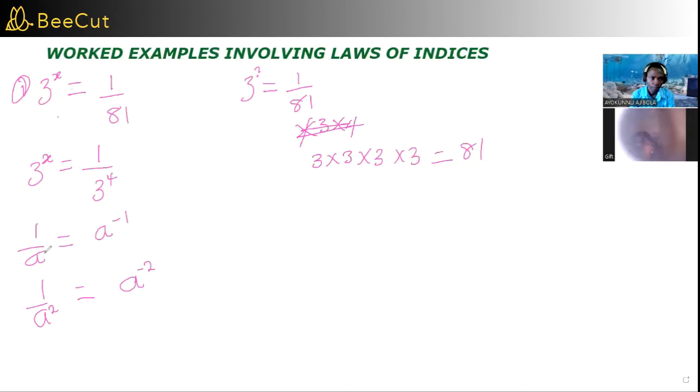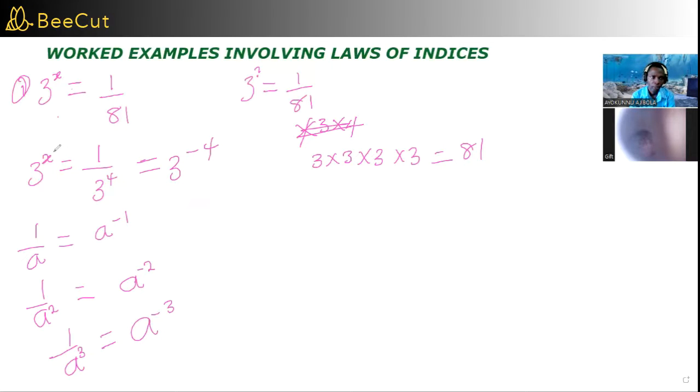If it's 1 over a, that is a raised to power 1 under, because you don't have to put the 1. So 1 over a simply means a raised to power -1. Then 1 over a squared simply means a raised to power -2. Also 1 over a cubed will mean a raised to power -3. Then 1 over 3 raised to power 4 will mean 3 raised to power -4.